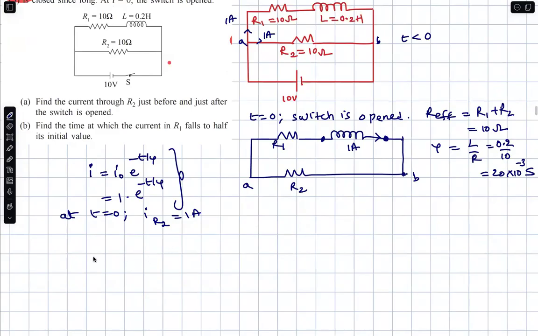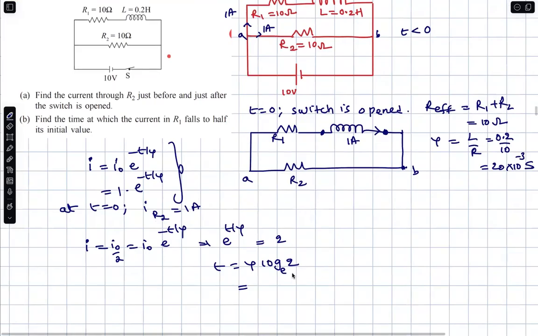And by the way, find the time at which the current in R1 falls to half of its initial value. I naught by 2 is I naught e to the power of minus t by tau. E to the power of t by tau is 2. t is tau natural logarithm of 2. Tau is 0.2 by 20, which is 1 by 100, 0.01, so 0.01 can be written as 10 into 10 to the power of minus 3.